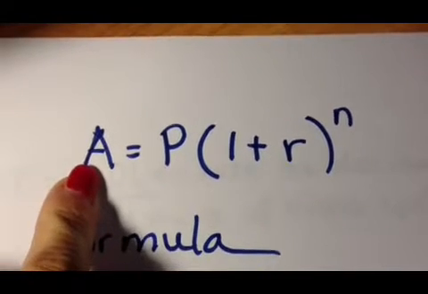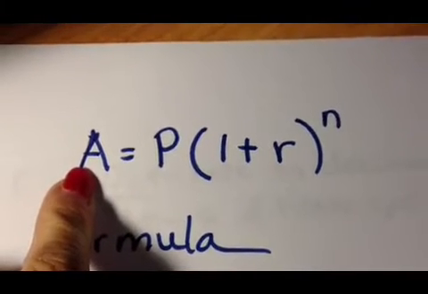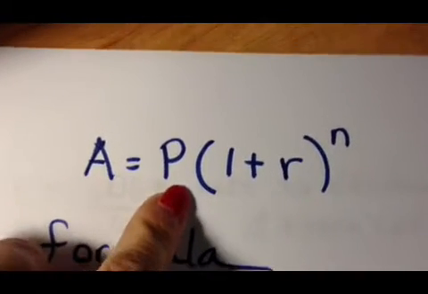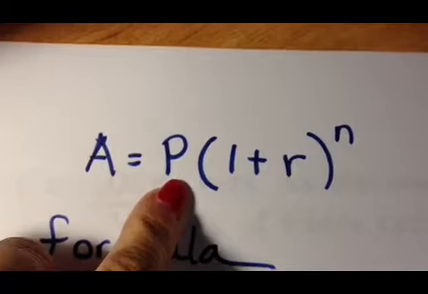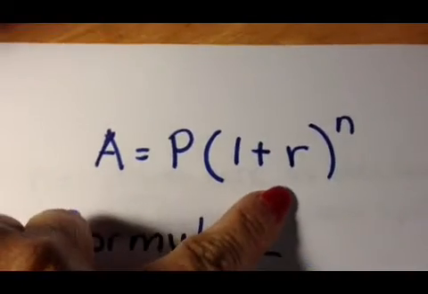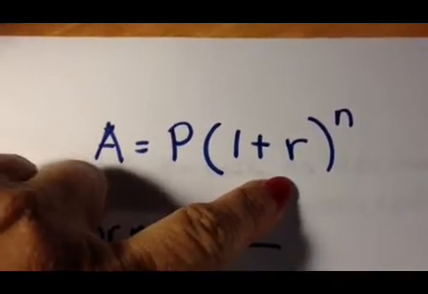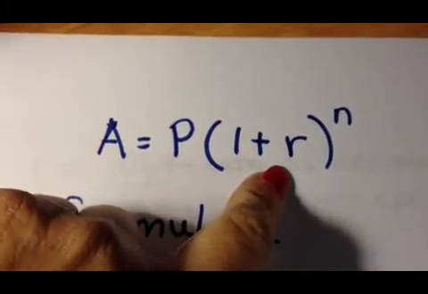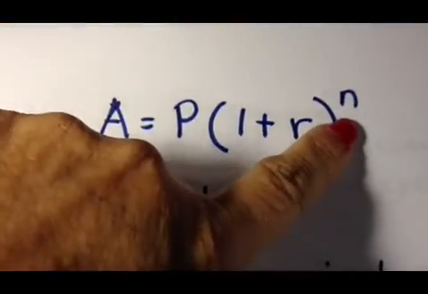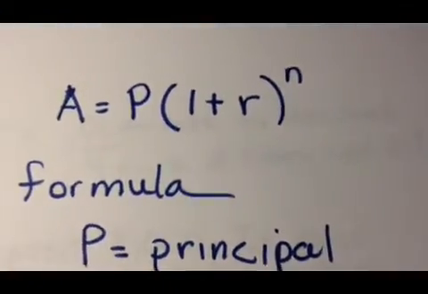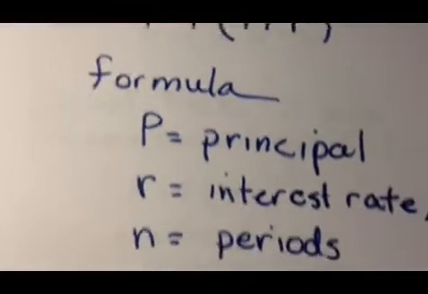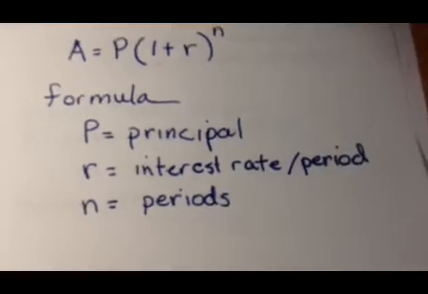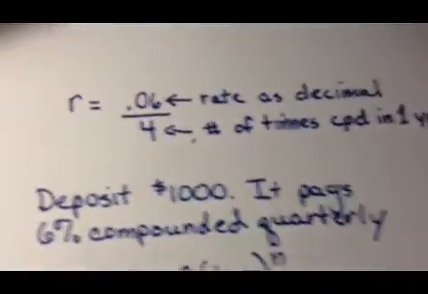But this is the amount of money that you would have at the end of a specified time by multiplying the principal times 1 plus that rate that we talked about before, which is the interest rate divided by the period, and then the N is the number of periods in 1 year. Okay? Again, P is principal, R is the interest rate per period, N is the number of periods.